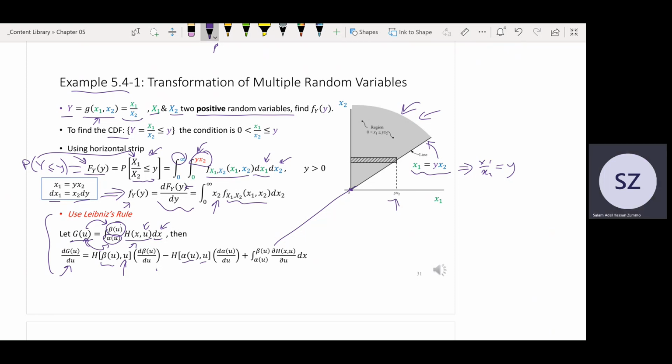Okay. This is what we have done here. When we integrated, basically what we did is we differentiated this. F_Y was what?